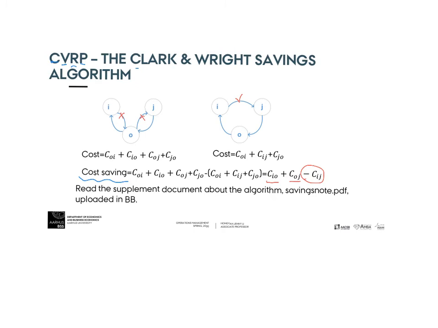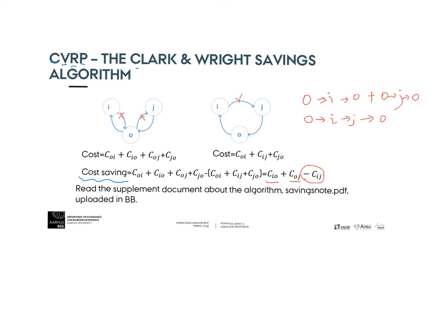So now you have 0 to I to 0, plus 0 to G and back to 0. In the second situation, you have 0 to I to G, back to 0.